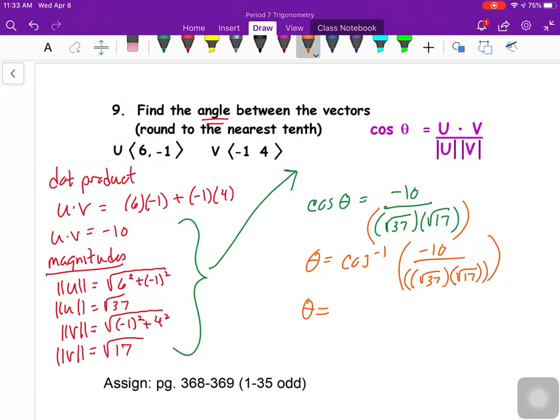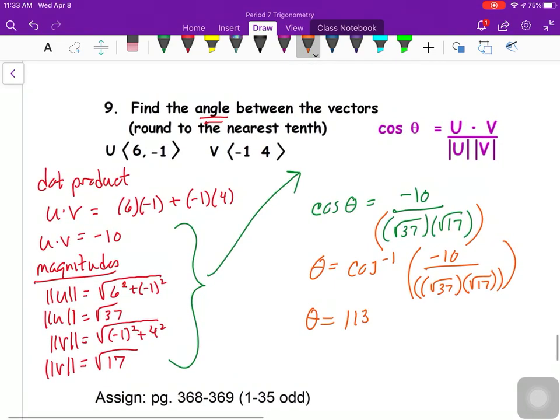So my angle theta comes out to be inverse cosine negative 10 divided by, since both are beneath a radical sign, I could just put them both beneath the same radical sign. To the nearest tenth, I get 113.5 degrees. That would be the angle between those two vectors.